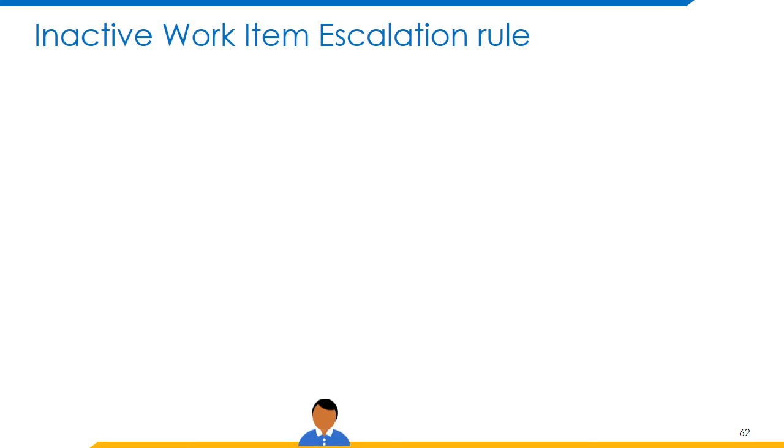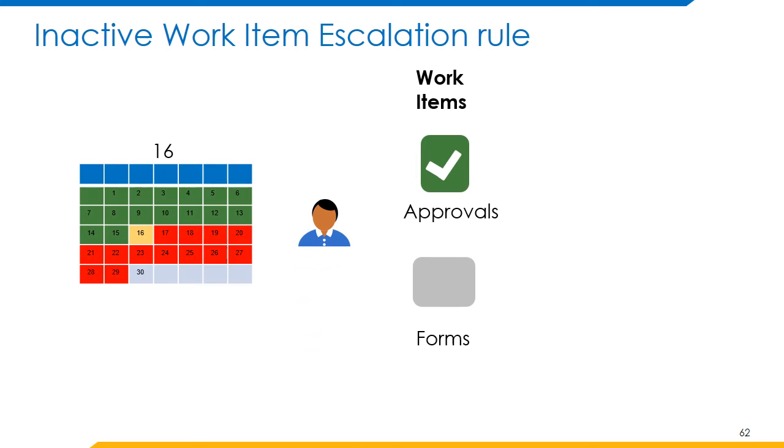Inactive work item escalation rule. Every work item has to be handled by an identity or work group before a specific time period. After this time period, the work item is going to expire.